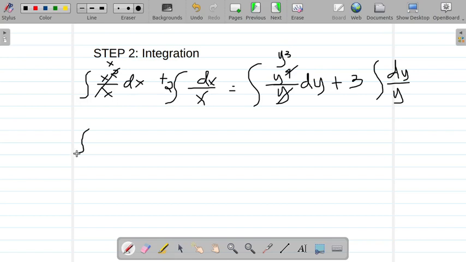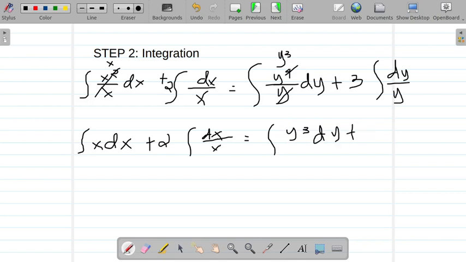So, integral of x dx plus 2 integral of dx over x is equals to integral of y cube dy plus 3 integral of dy over y.